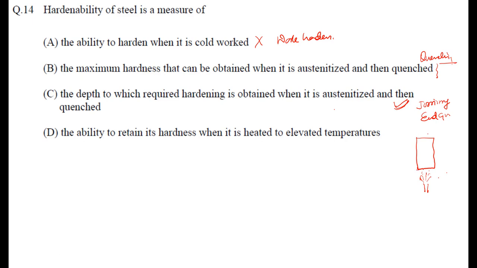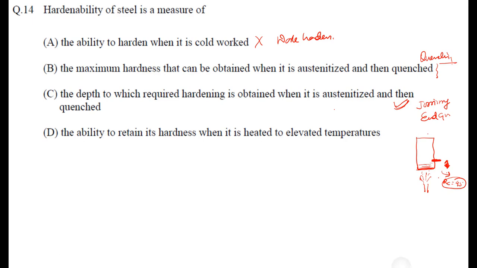We check the depth, up to what distance the hardness is such that there is a certain amount of hardness that we can assume as RC 45, something like this. So some kind of hardness up to what distance it has reached.